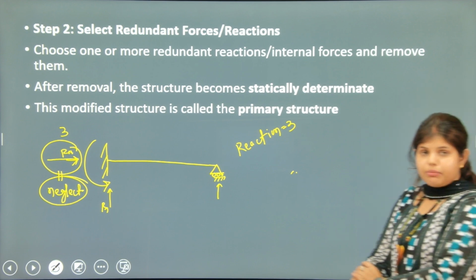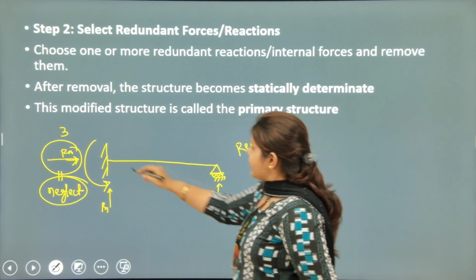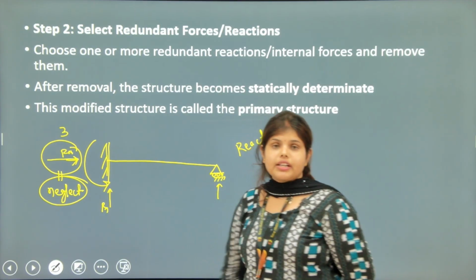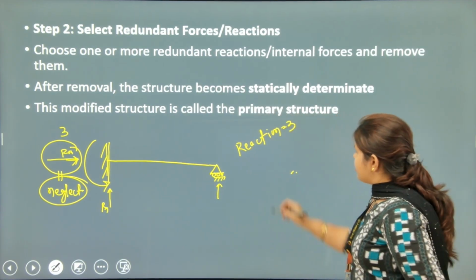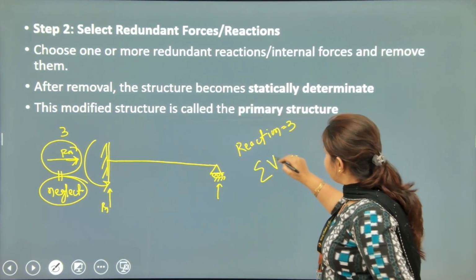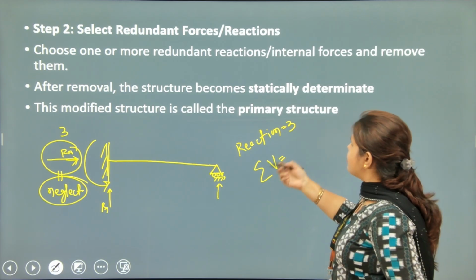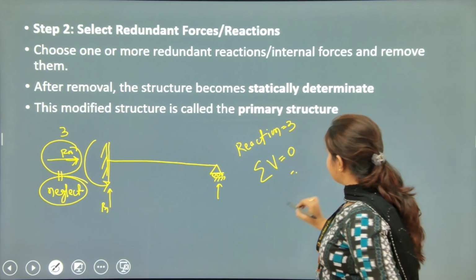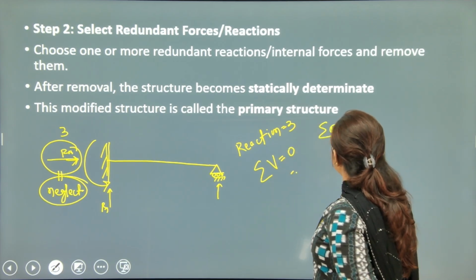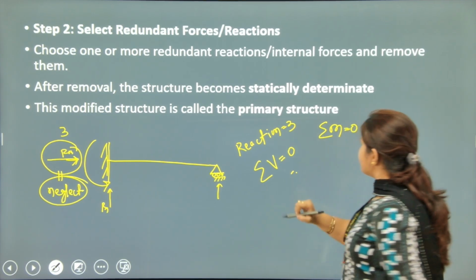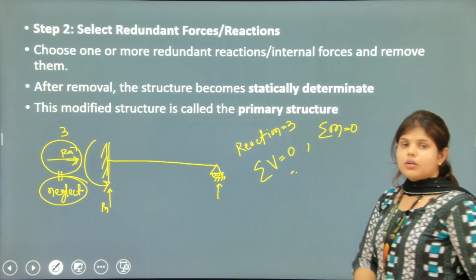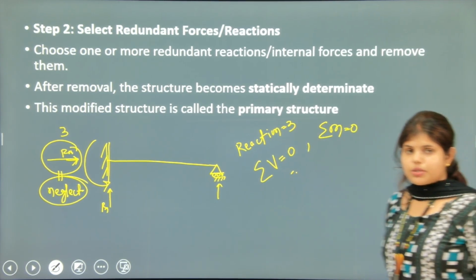In case of a beam, we take the general static equations: the summation of all forces in the vertical direction equals 0 and the summation of all moments equals 0. We will only consider these two equations.